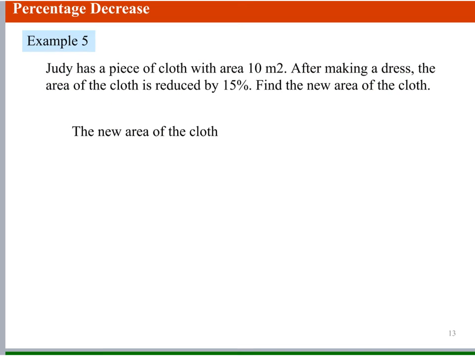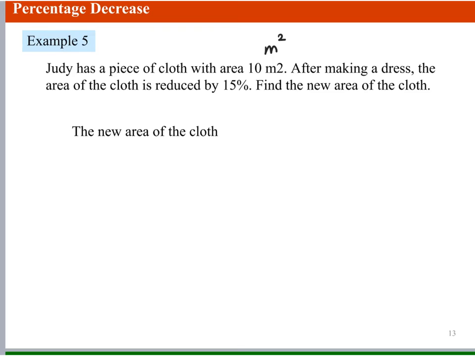Okay, let's do another example. Judy has a piece of cloth with area 10 m squared. After making a dress, the area of the cloth is reduced by 15%. Find the new area of the cloth.